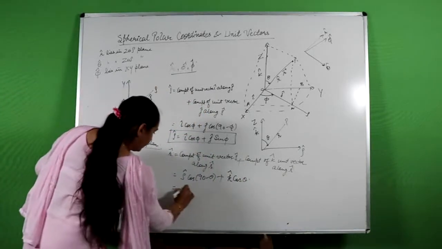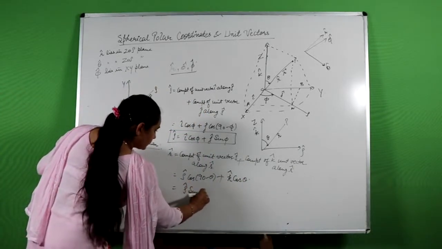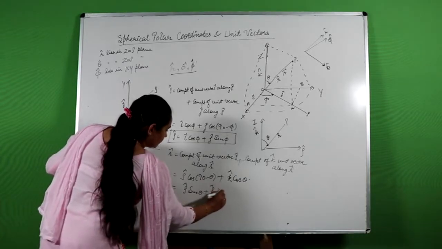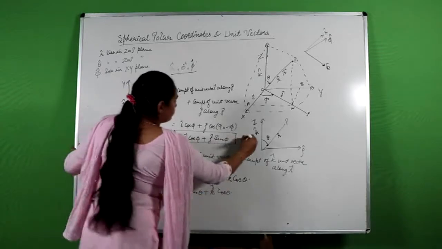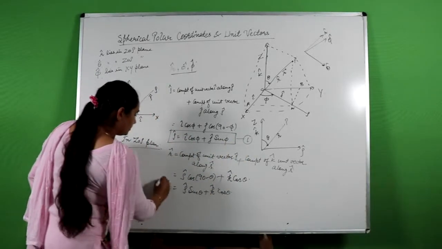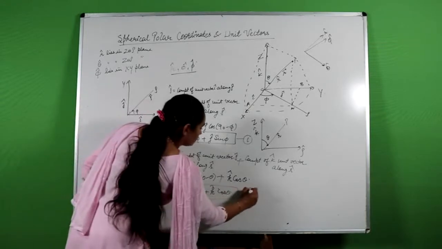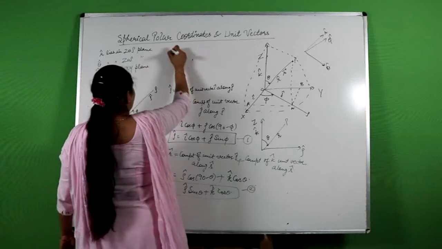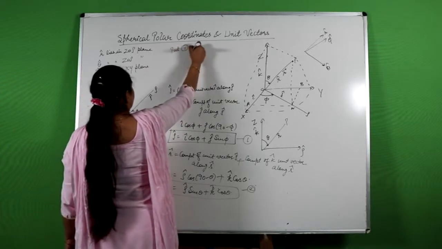So this will be my rho cap sin theta plus k cap cos theta. Let us suppose this is my equation 1 and this is my equation 2. I can put 1 in 2.